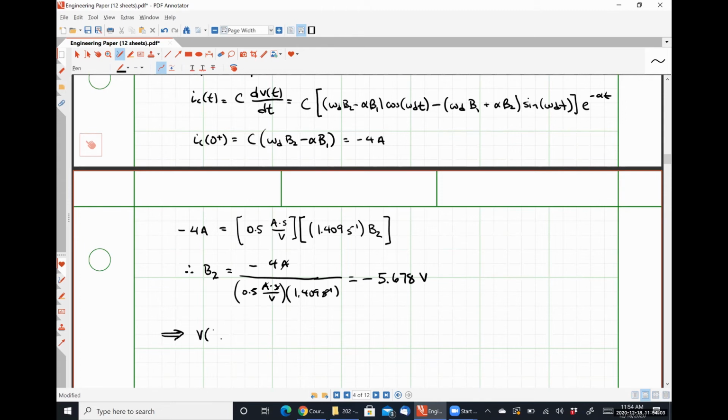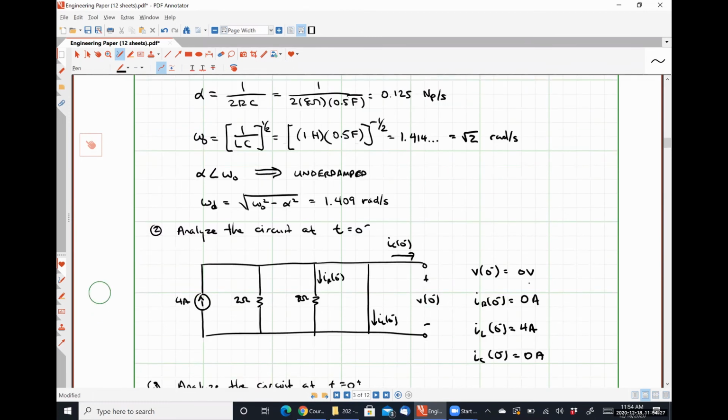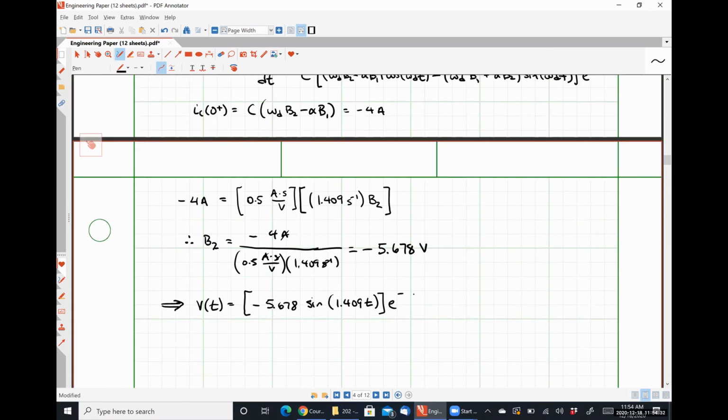From this, our capacitor voltage V of t is -5.678 sine 1.409 t, times e to the minus alpha t, where alpha was 0.125, in volts.